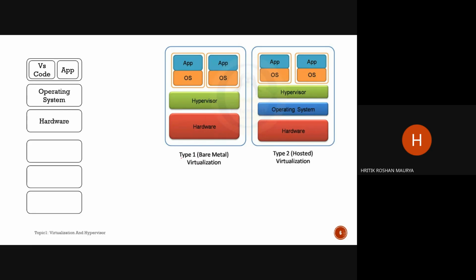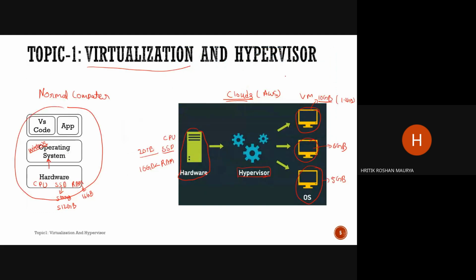Sir, what is the full form of AWS? AWS is Amazon Web Service. This hardware can be deployed by many organizations. One organization is AWS, and one organization could be Google.